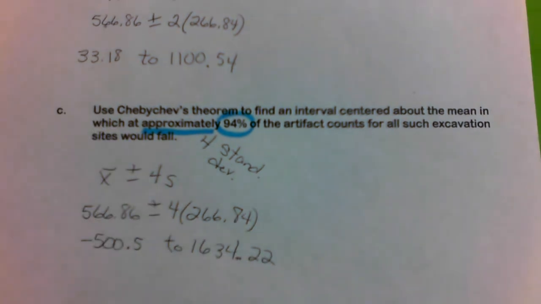Now, you calculated a negative number. Yes, I would show that calculation. But in all actuality, you can't find negative 500 artifacts. So in the real world, this would be anywhere from 0 artifacts to 1,634.22. So that is chapter 3.2.